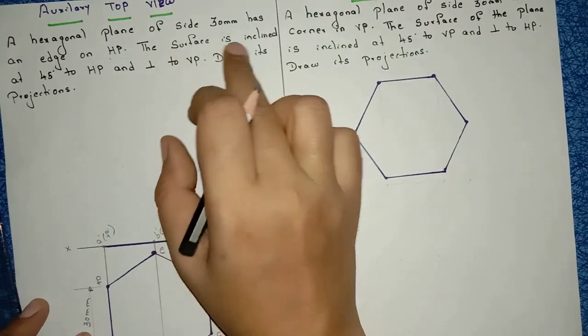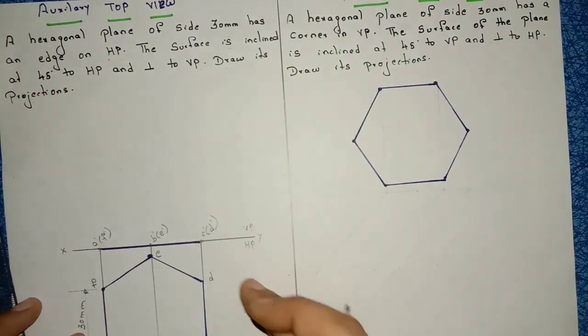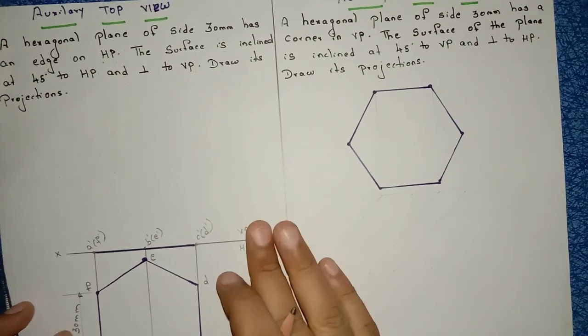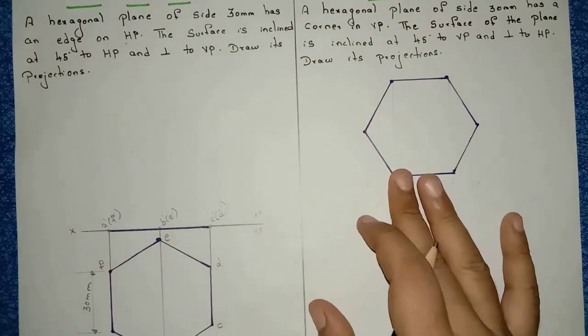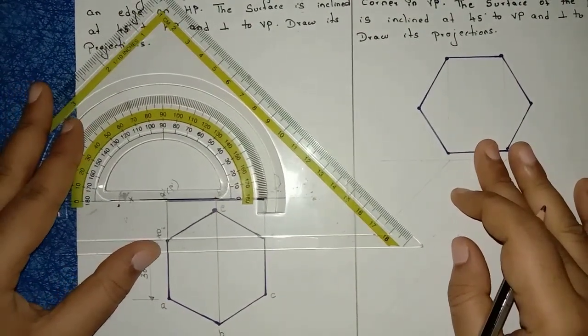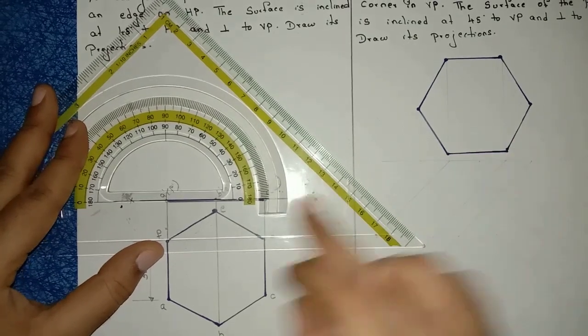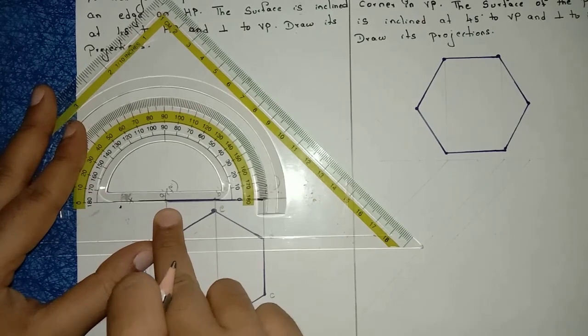Now the surface is inclined at 45 degrees to HP. Instead of changing the positions, we are going to construct another reference line. Right? So from where we are going to draw the reference line? Keep your protractor on the reference line from A dash.